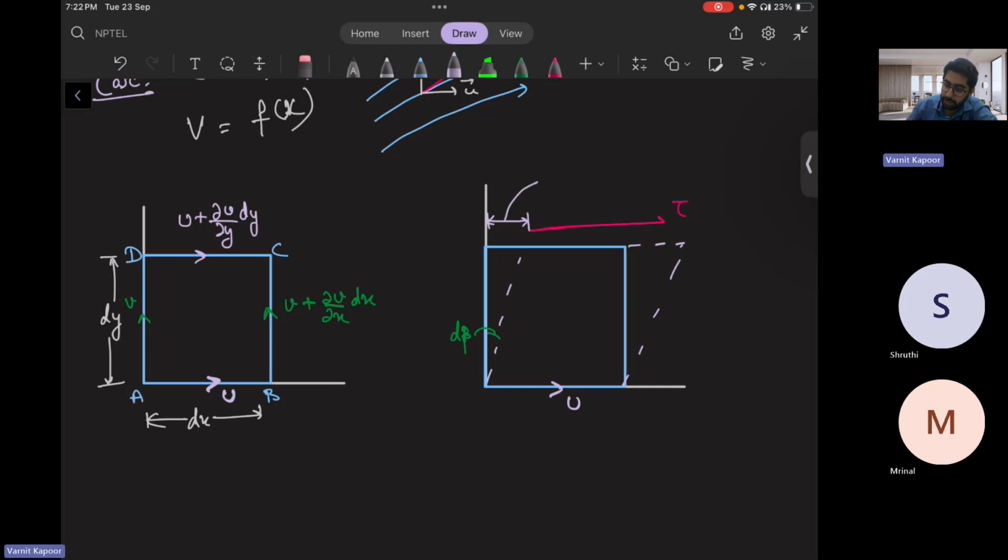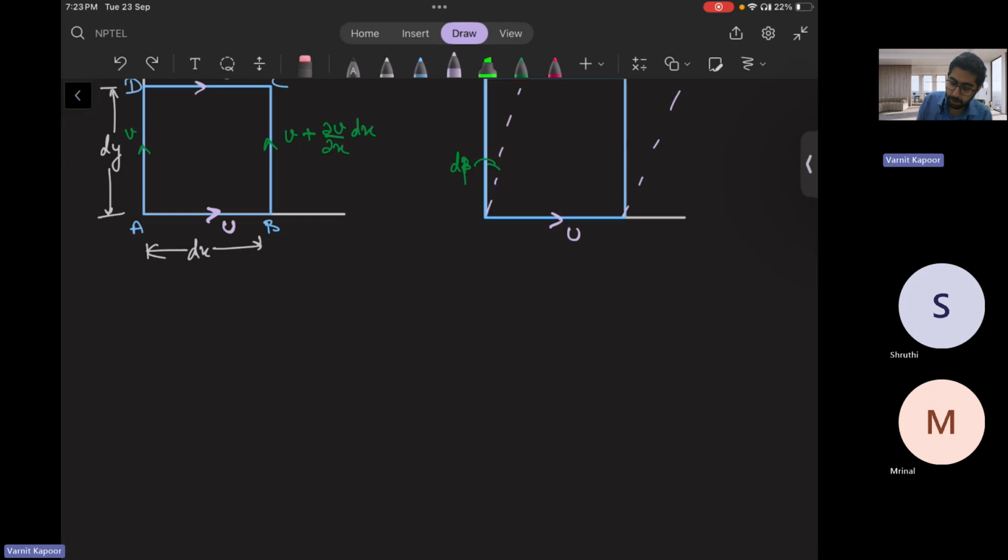The change in velocity is ∂u/∂y dy, and change in time is dt. So this is your displacement in the x direction. Remaining u remains same. So rotation of u has happened in the y direction. If you observe, the fluid element has rotated in the y direction, not in the x direction. So rotation of u in y direction.